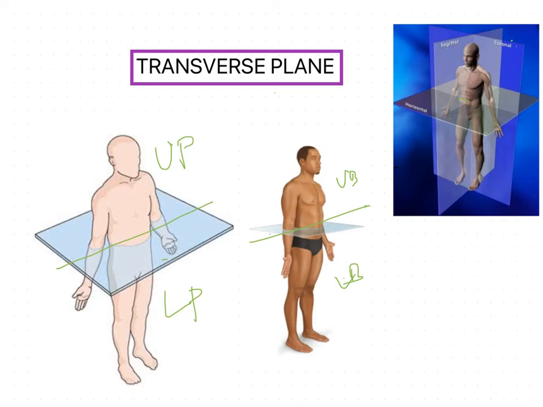For example, if a person is rotating his trunk like this, the movement is taking place in the transverse plane. Also, if a person says no, moving the head, he is moving it in the transverse plane. So normally rotations take place in this plane.